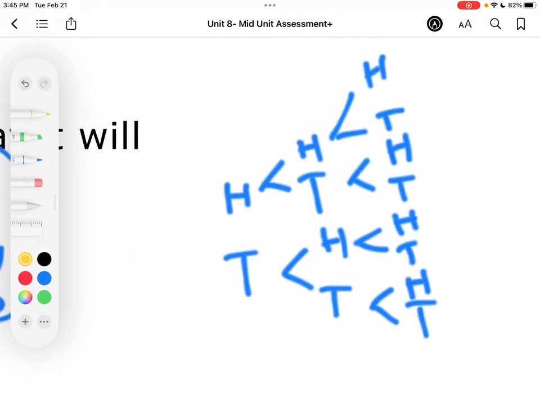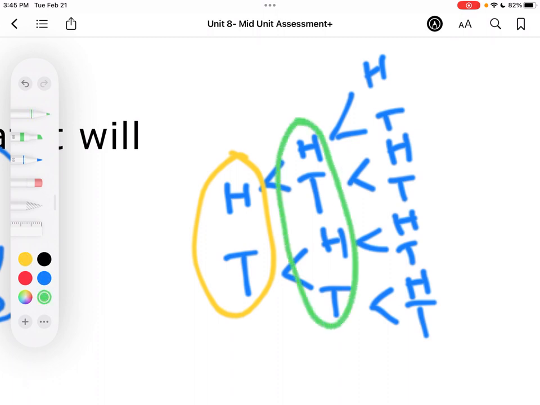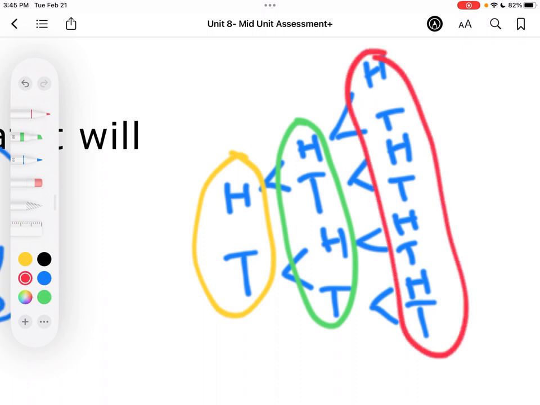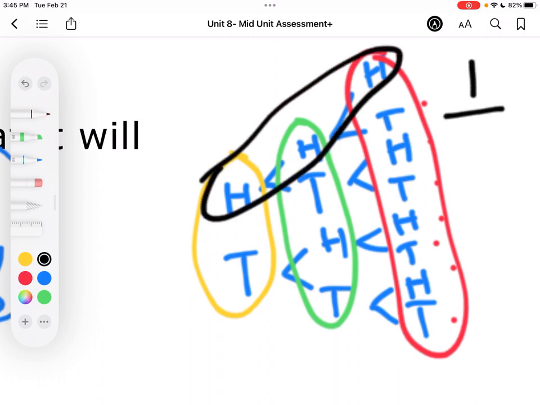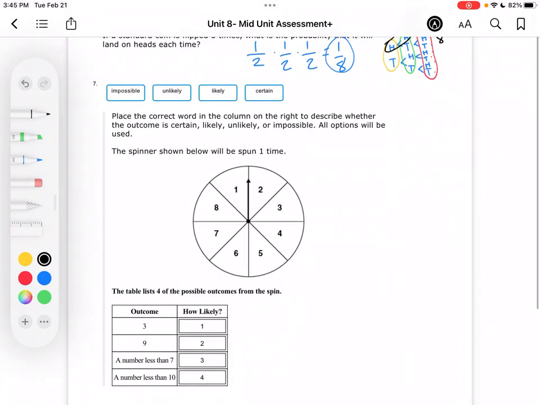So this represents the first coin. This represents the outcomes on the second coin. And this represents the outcomes of the third coin. So there's 1, 2, 3, 4, 5, 6, 7, 8 outcomes on the third coin. And of those outcomes, only 1 out of the 8 is all heads.